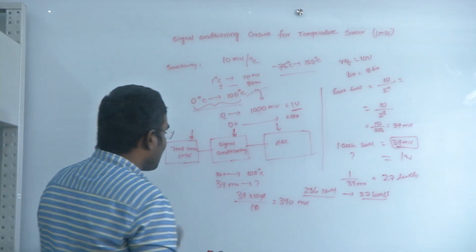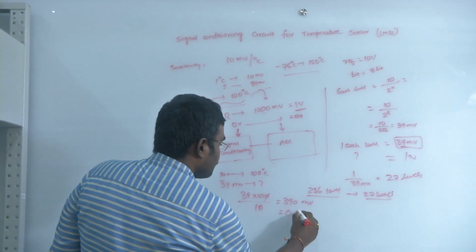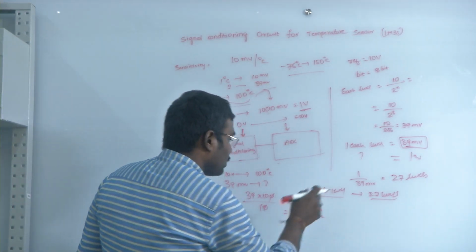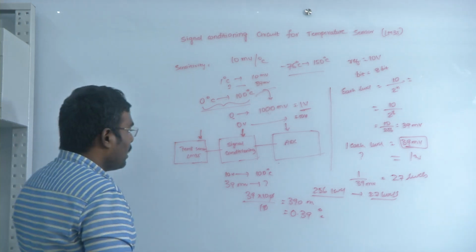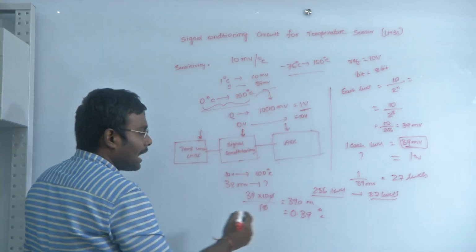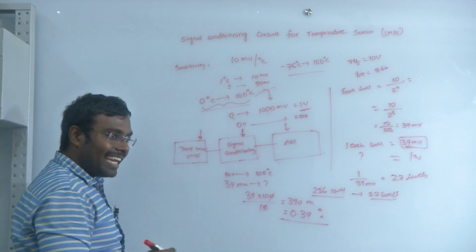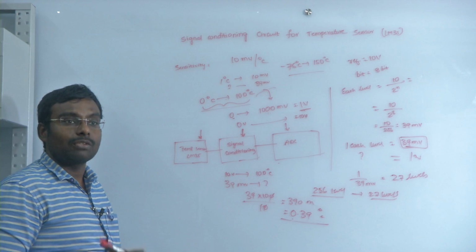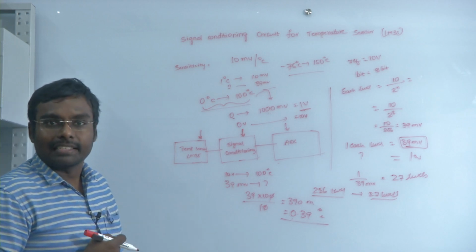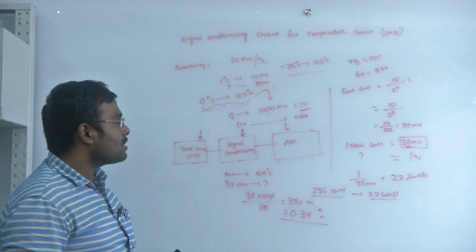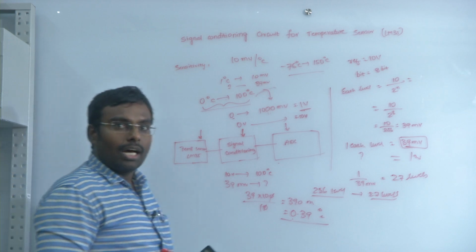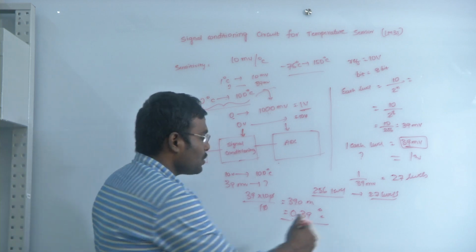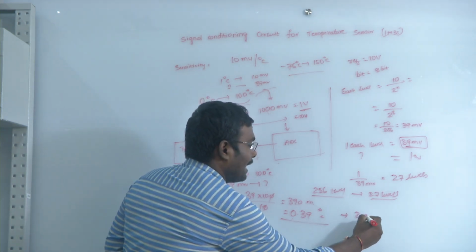The temperature sensor has a resolution of 0.39 degrees centigrade, then the complete system can give the change for every 0.39 degrees centigrade change in the input temperature, which is less than 0.5 degrees centigrade. But whereas if we are not using this signal conditioning circuit, then the resolution of the system is 3.9 degrees centigrade.